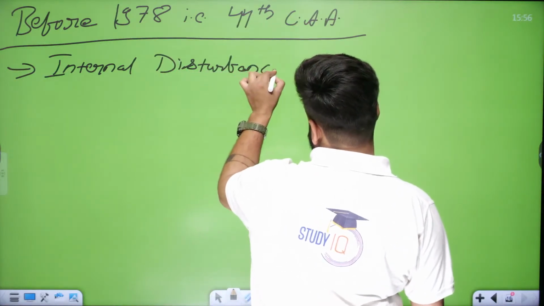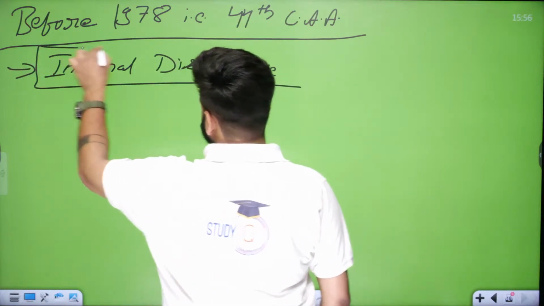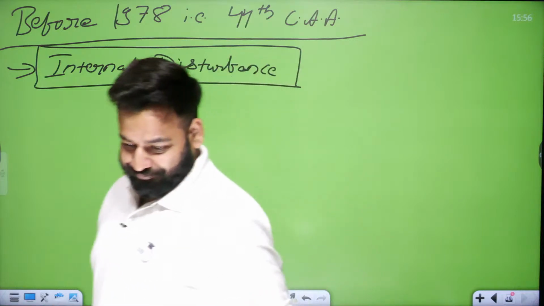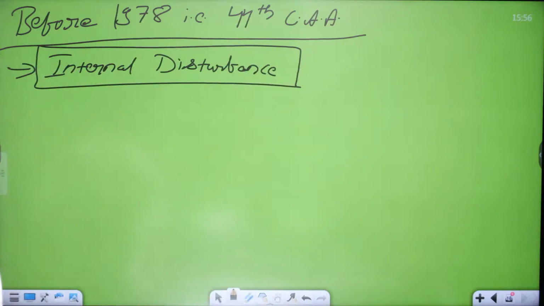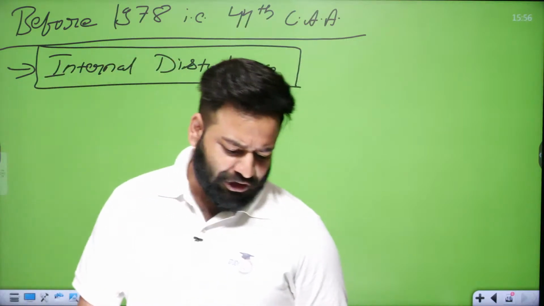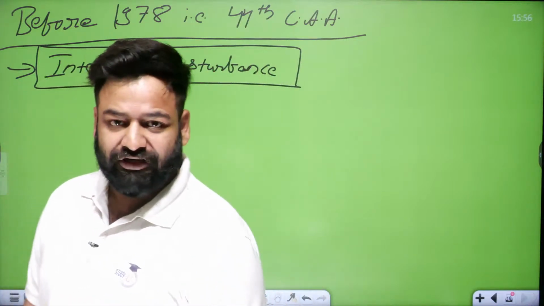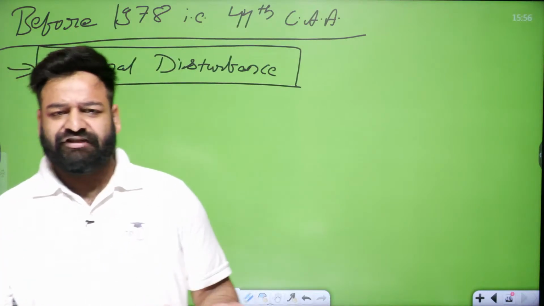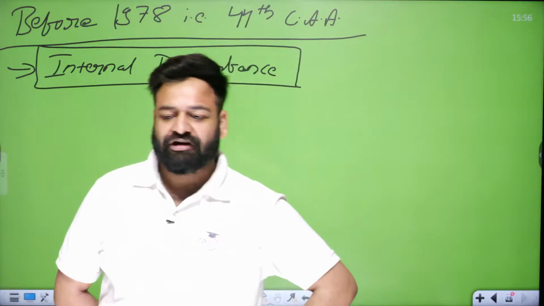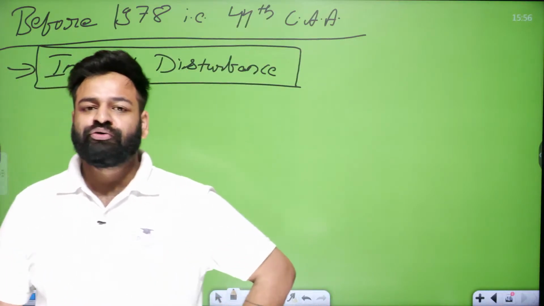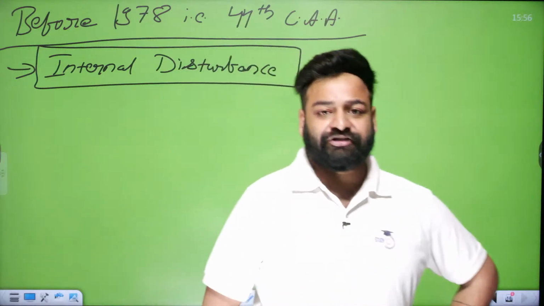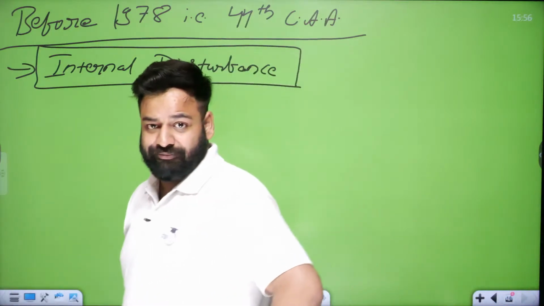But this word internal disturbance was quite vague, its interpretation was quite big, and there were high chances of misuse, right? We have seen that many people have criticized or accused the then government of Indira Gandhi in 1975 of misinterpreting the word internal disturbance to use the emergency, right?